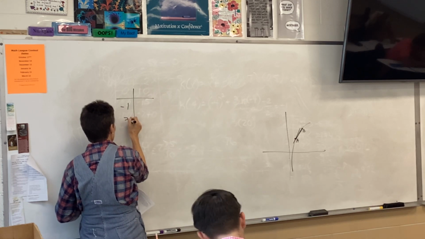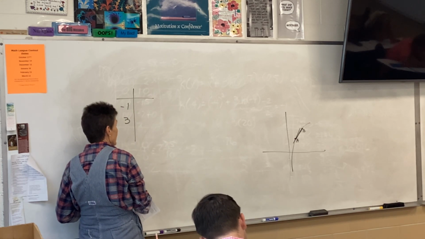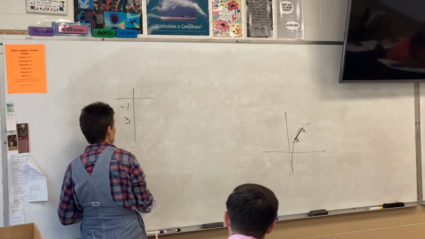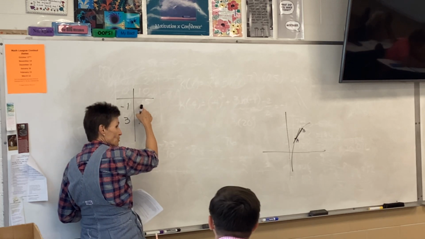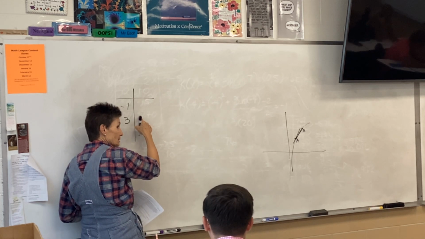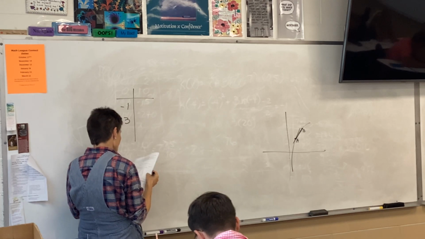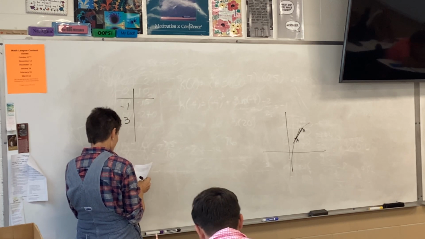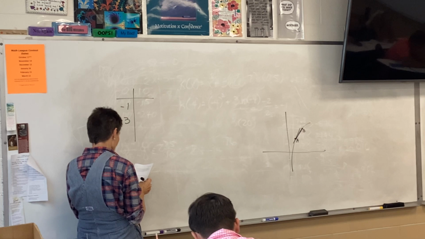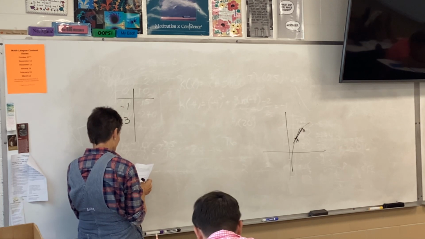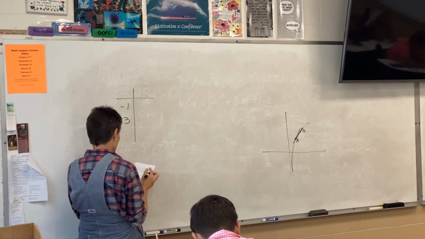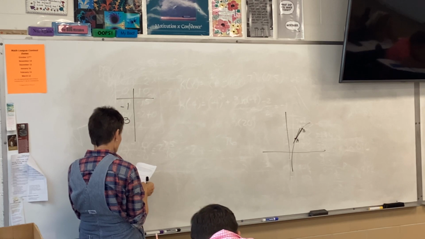X is -1, x is 3. If you're gonna find the average rate of change, don't you need to know these two values right here? So let's look at our picture. -1 has what y value? Let's see, -1 looks like -5, isn't it?